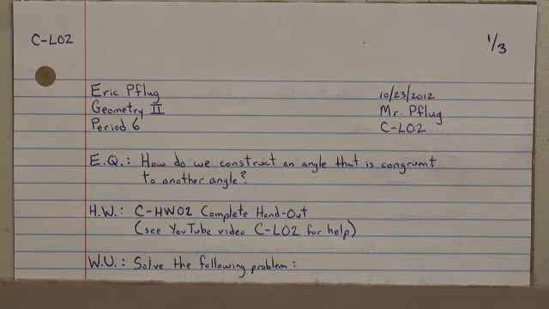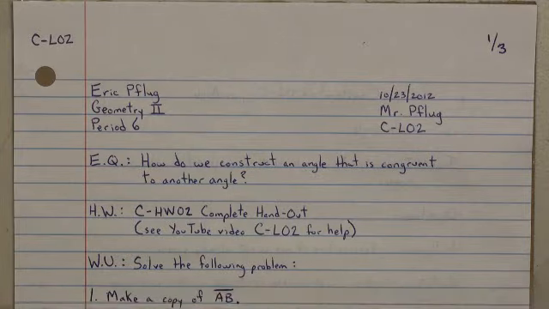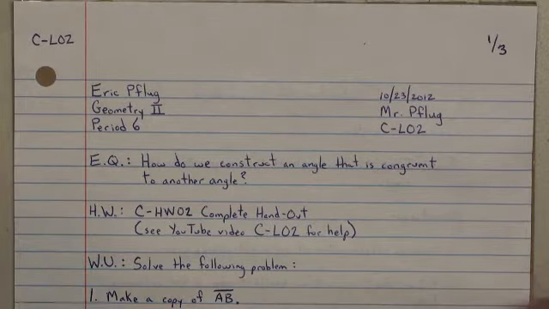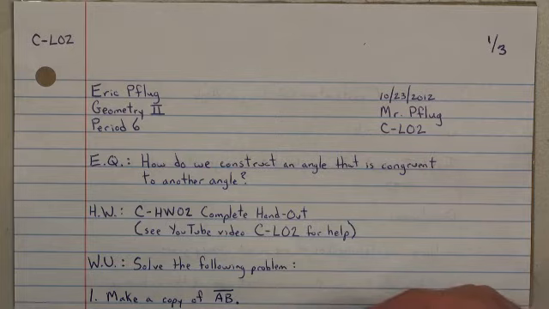So the warm-up is to solve the following problem. Make a copy of line segment AB. Directly below, you can see I made a segment from 2 inches to 4.5 inches.